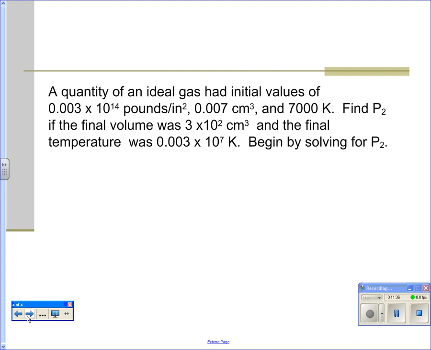Start by cross multiplying. What, Molly? Oh. It tells you the final volume was whatever centimeters cubed. So the 0.007 has to be the volume, so the first number has to be the pressure. If you're ever confused on that, look at the units that they give you.